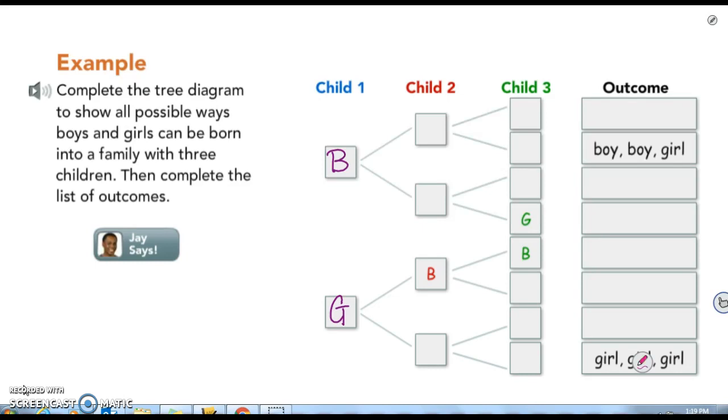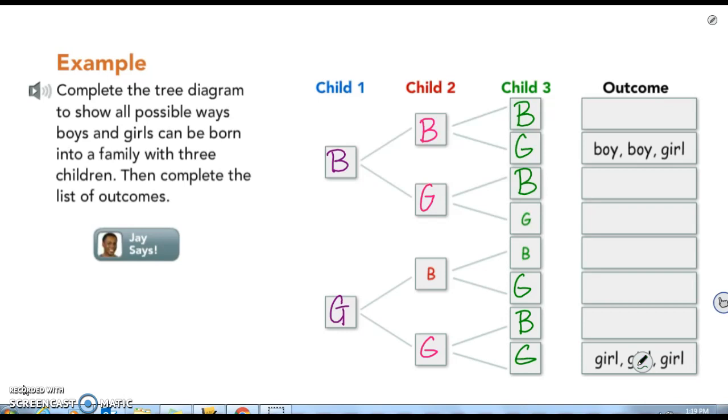Child 2 can be a boy or a girl. In child 3, the pattern would read boy, girl, boy, girl, boy, girl, boy, girl.